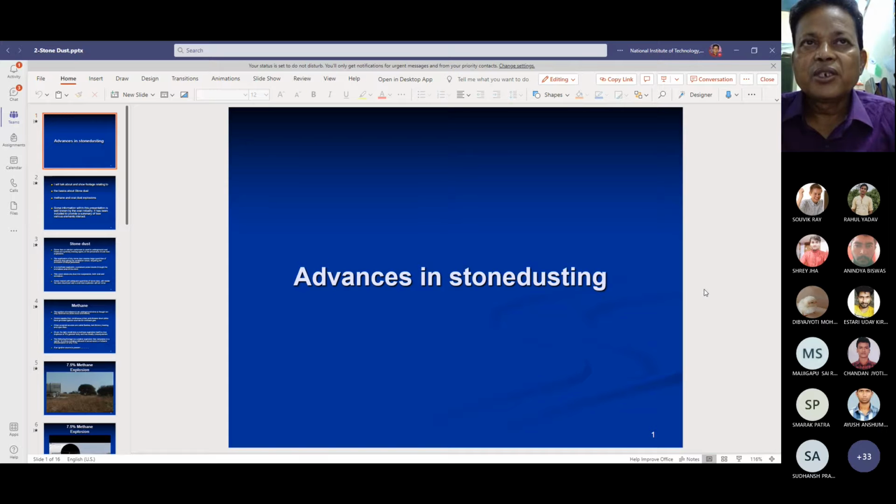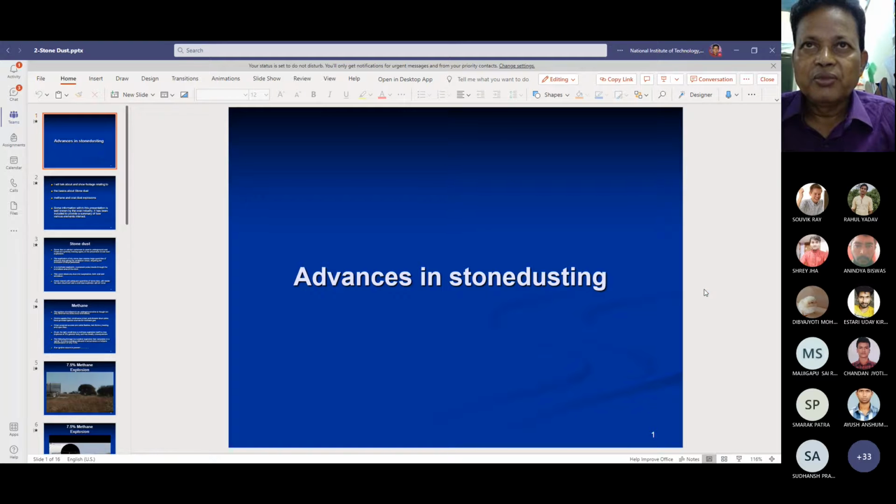And this coal dust explosion can be taken care of by stone dusting. We have discussed that the stone dust can be used for neutralization of coal dust, is not it?